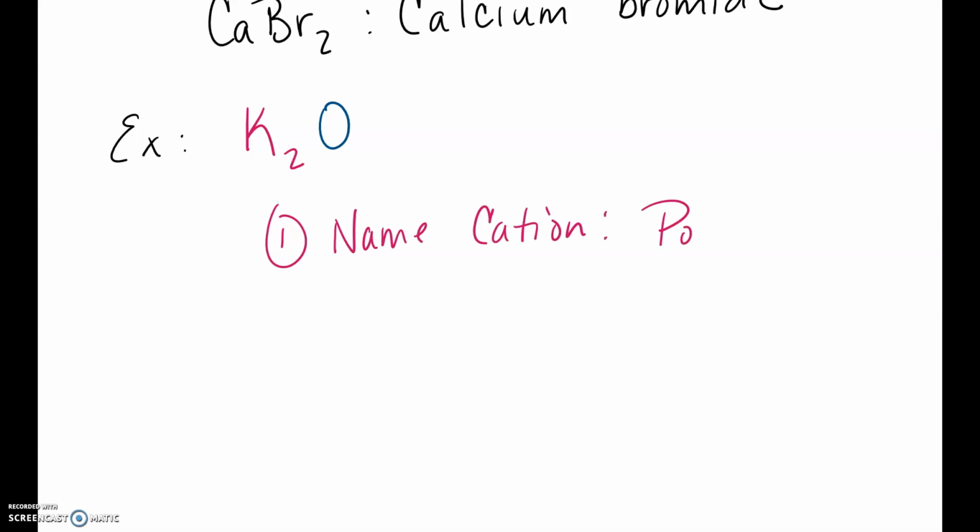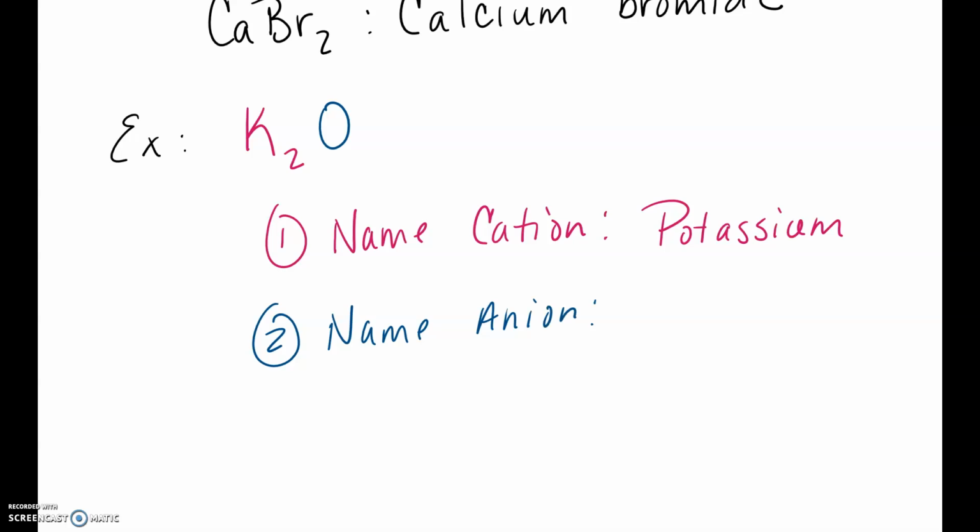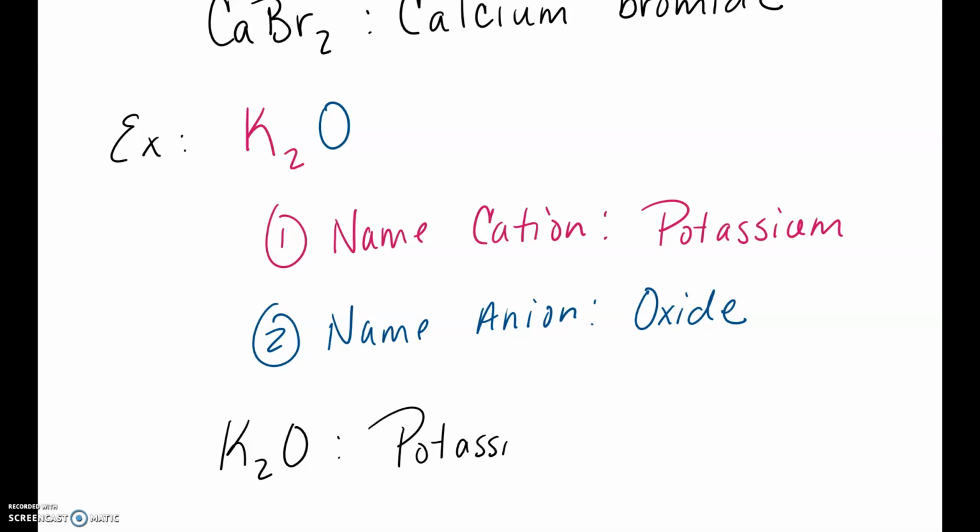K is potassium, and cations keep their element name. And then we name the anion. We've got oxygen is O, but remember we drop the ending and add "ide," so this is oxide. So K2O is potassium oxide.